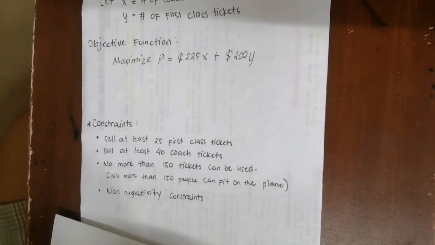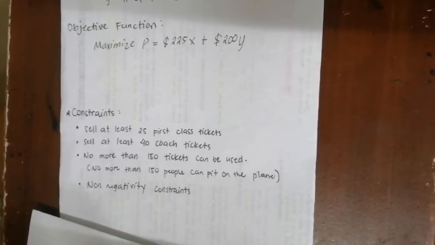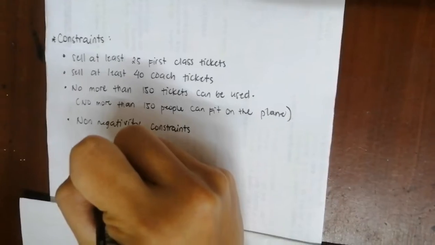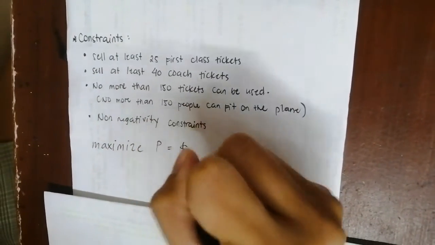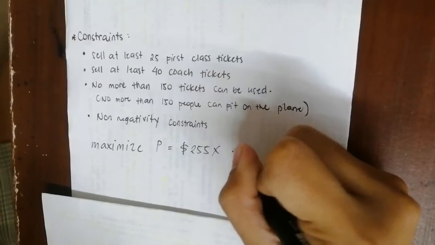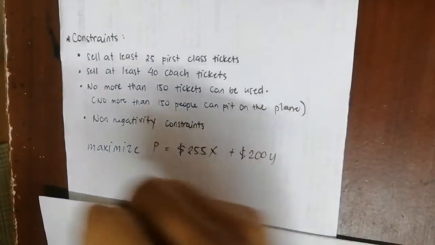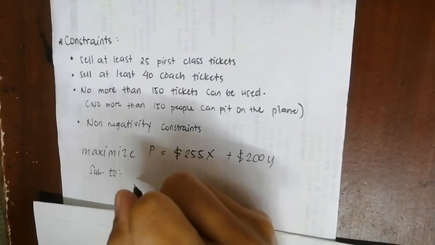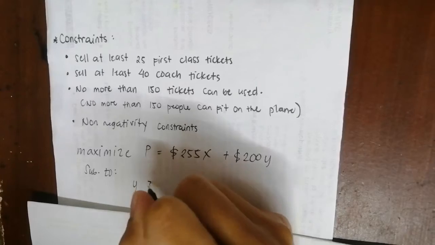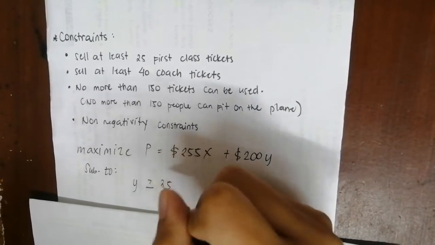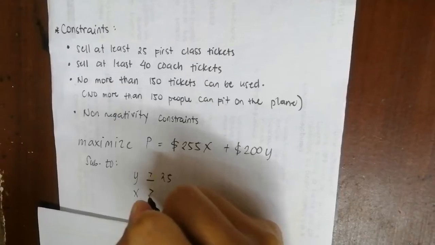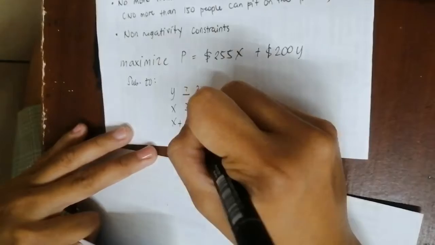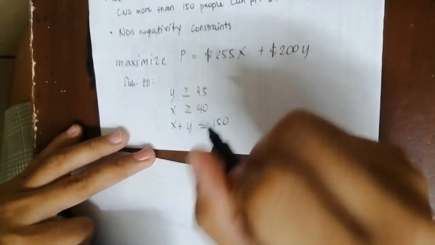Thus, the objective function along with the three mathematical constraints is: maximize 225x plus 200y, subject to the constraints, which is y at least 25 first class tickets, x at least 40 coach tickets, and x plus y no more than 150 people.